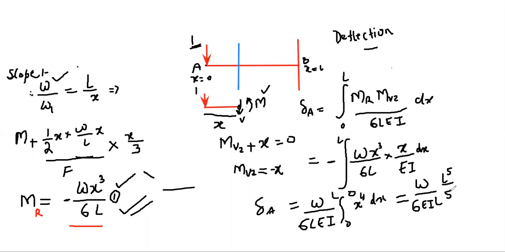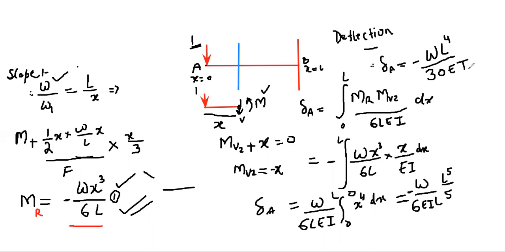Therefore the deflection at point A becomes equal to minus W L raised to power 4 divided by 30 times EI.